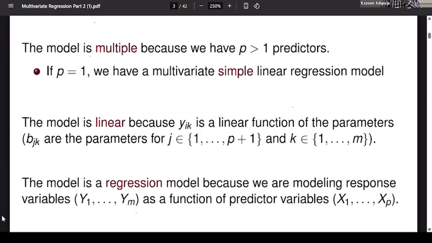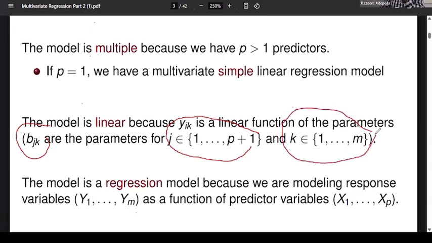And that's why when you see B_jk, j starts from 1 to p plus 1. You know why p plus 1, right? The intercept is added to the number of parameters. And k starts from 1 to m, which is the number of dependent variables.